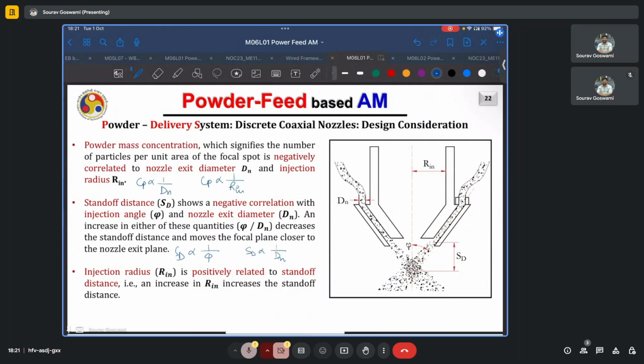And previously we have discussed how this may not really be desirable, because when we are moving the focal plane of the powders closer to the nozzle, there is a chance that a larger number of particles which may bounce back from the surface, or a greater quantity of the fumes that may be generated during the deposition of these particles, are now in closer proximity to the nozzle, and thus also in closer proximity to the laser optics, and they can enter the head and end up covering the laser optics in soot, or end up harming the optics in any other way because they are very fragile, and so this becomes undesirable.